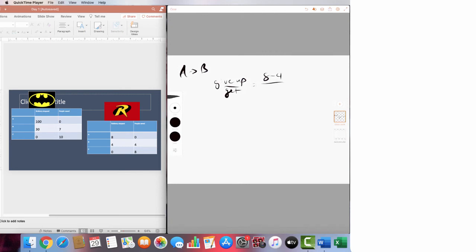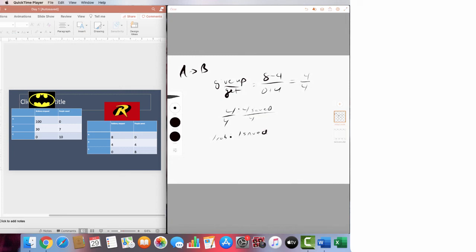He gets 4 lives saved because he had 0, now he has 4. So our ratio is 4 over 4. We're trying to figure out, what do I have to give up to save 1 person? So I'm going to divide each side by 4. So we have 1 robbery stopped is the equivalent of 1 person saved.